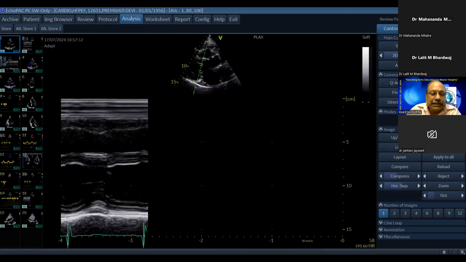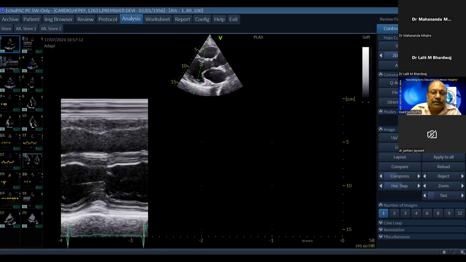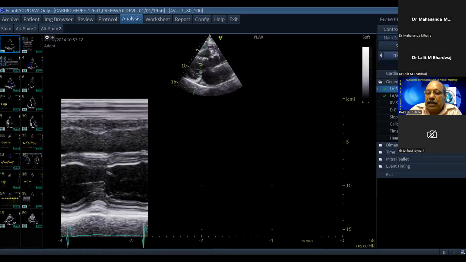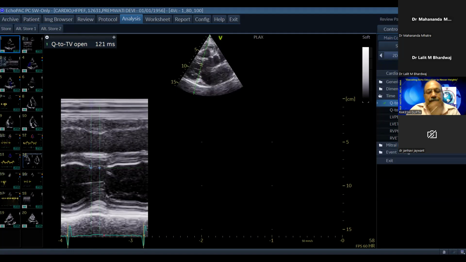Gain increase. I'm trying to show you the gains. Now look at this septum. The septum is contracting over here and the posterior wall is contracting over here. So let me measure with a timer. If this is the peak of the septum and this is the peak of the posterior wall, it is almost 120 milliseconds of delay.